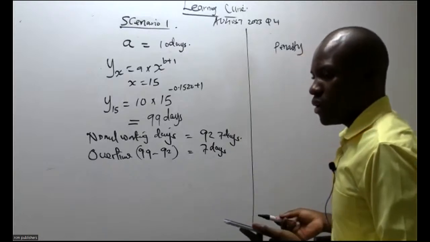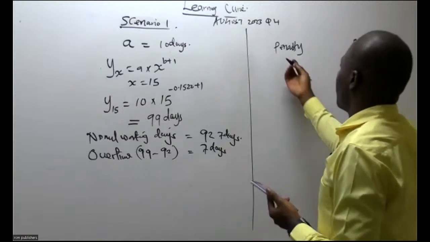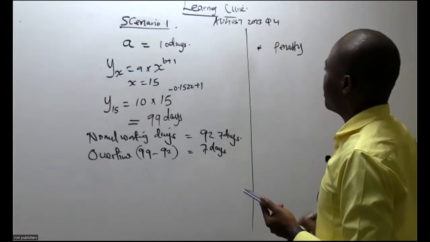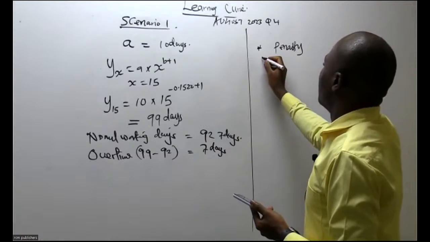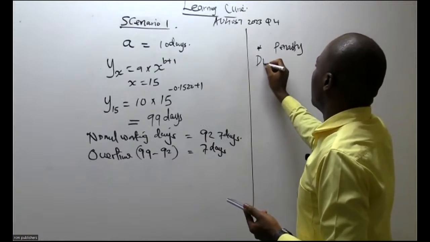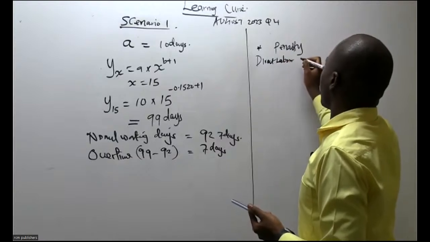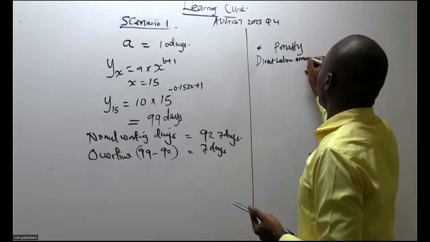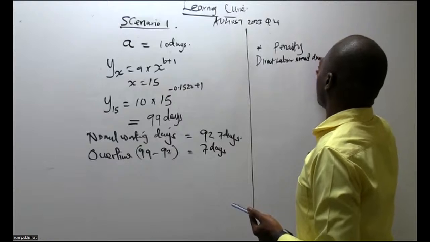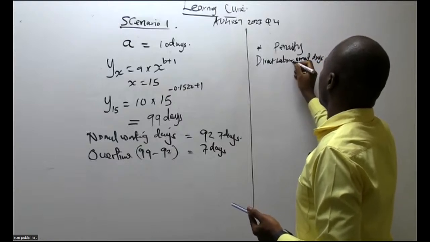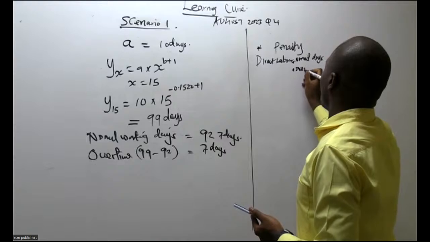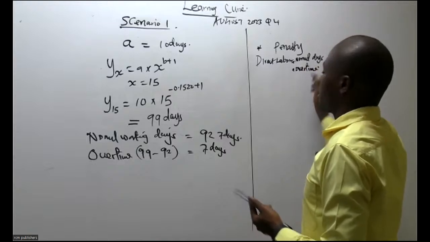Now we have direct labor. One, we have normal days. Then we have overtime.